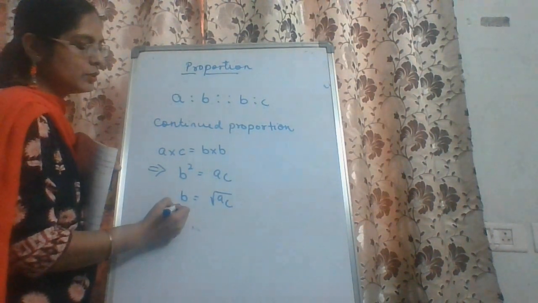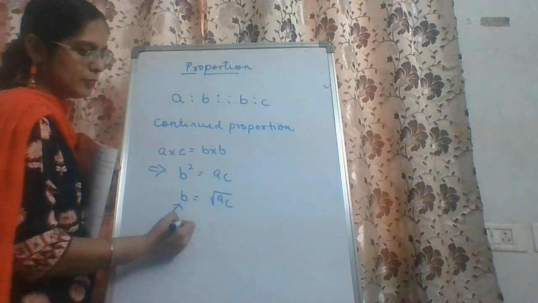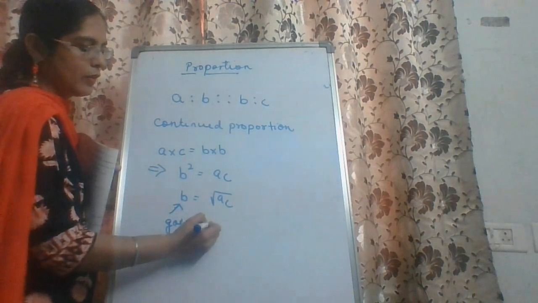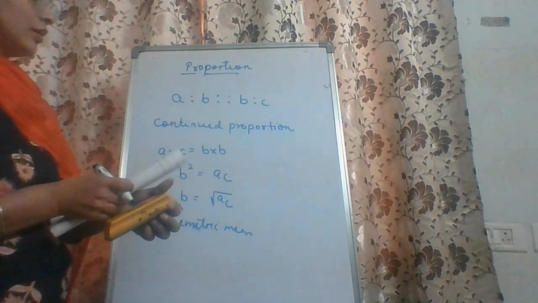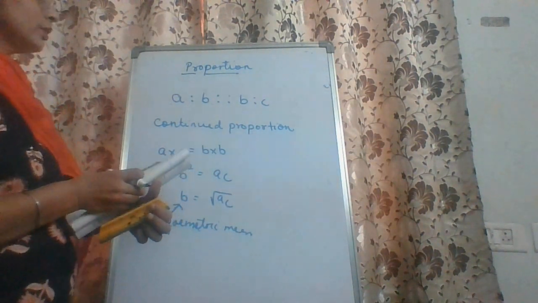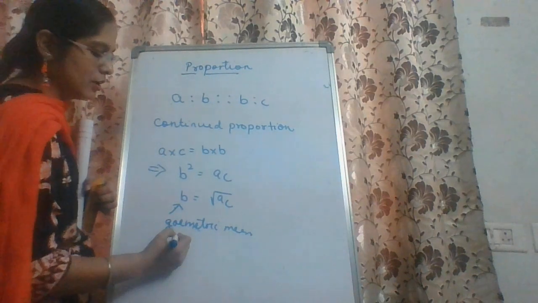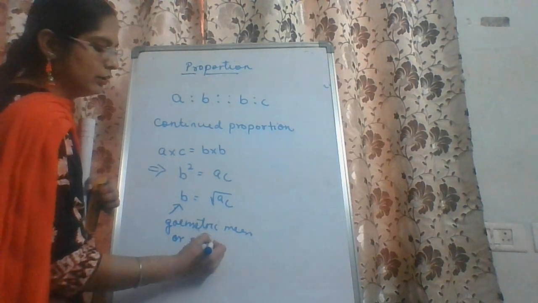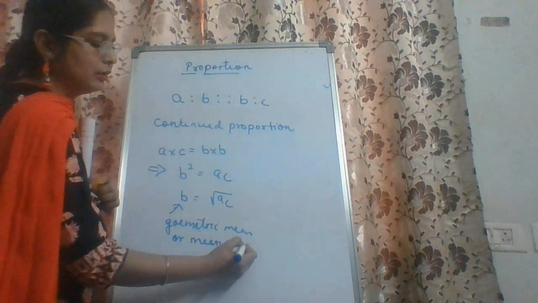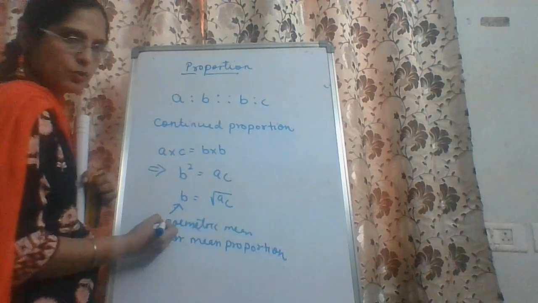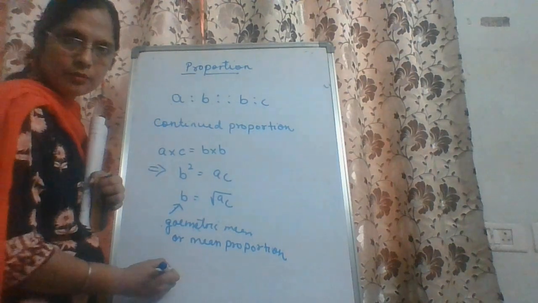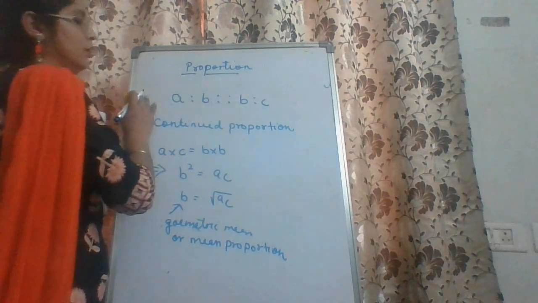B, this is also the geometric mean, or the mean proportion. Here B is called the geometric mean or the mean proportion.